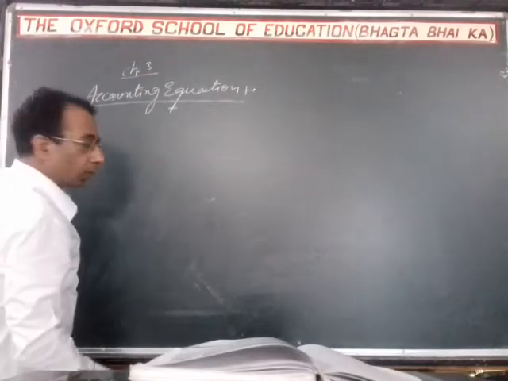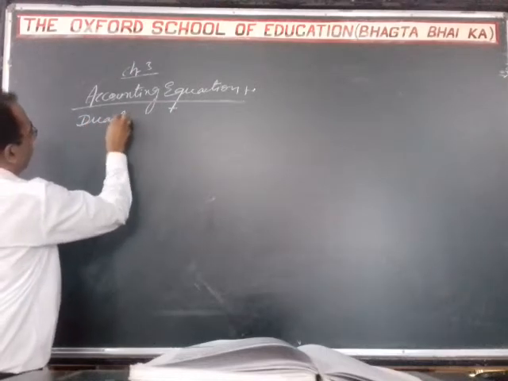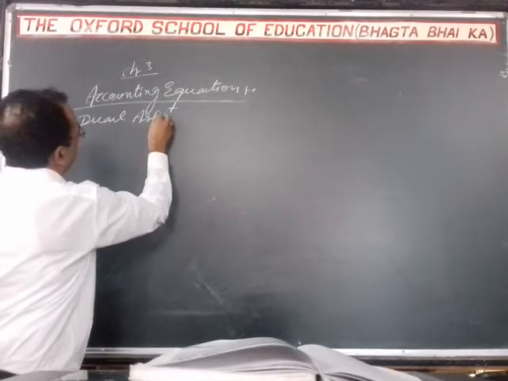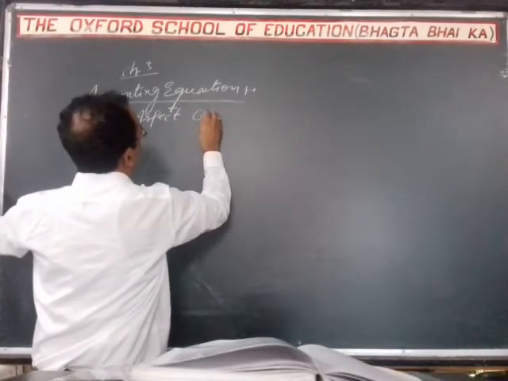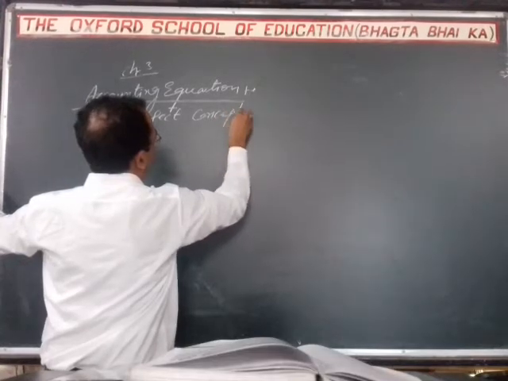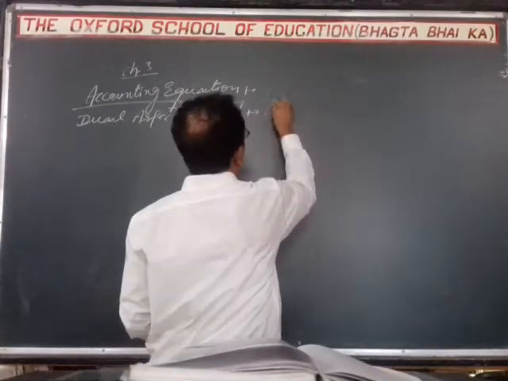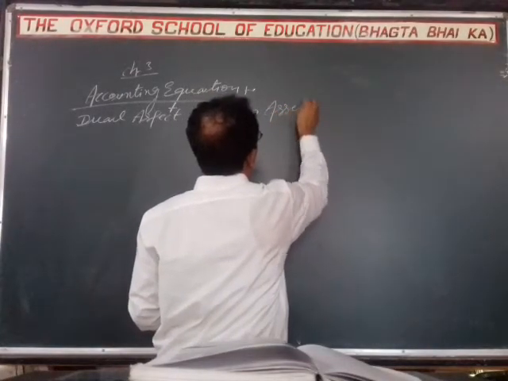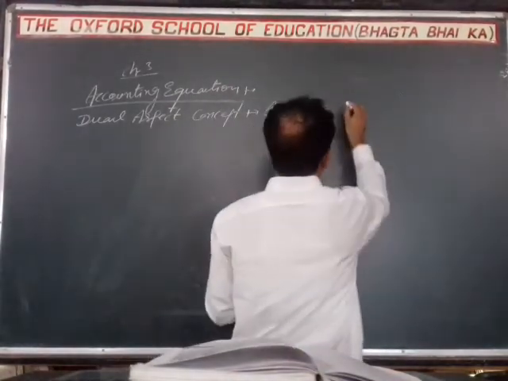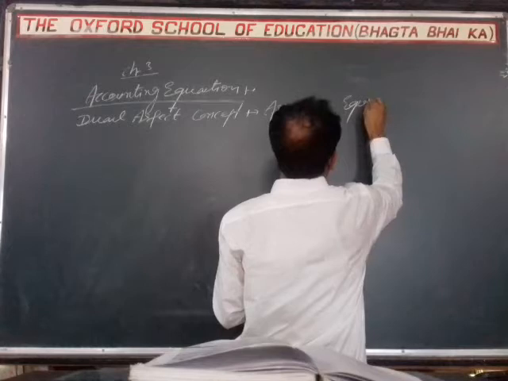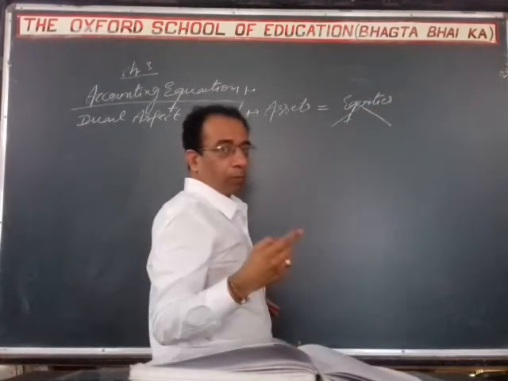Chapter 3 is basically based on the dual aspect concept, which tells us that assets of the business is equal to equities, and equities may be of two types.